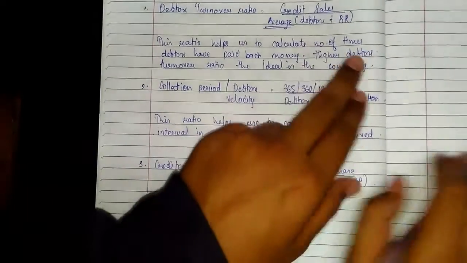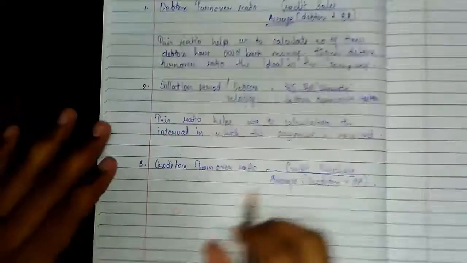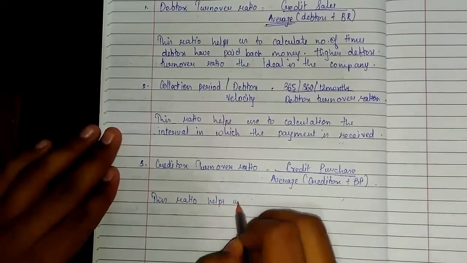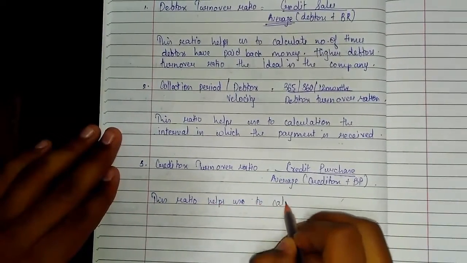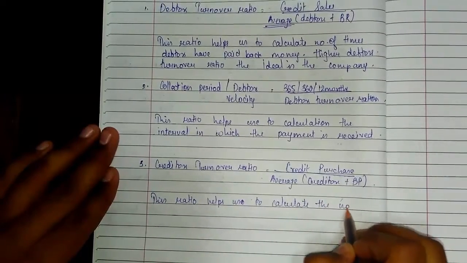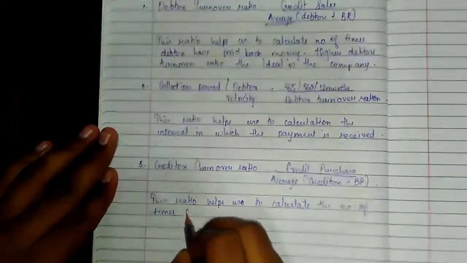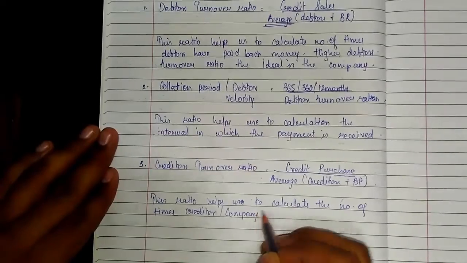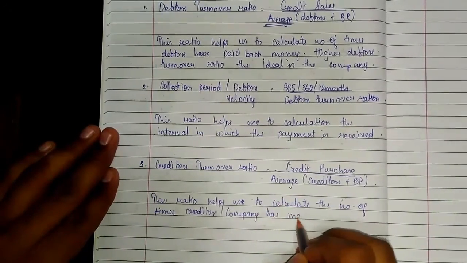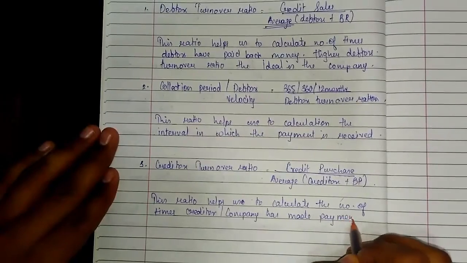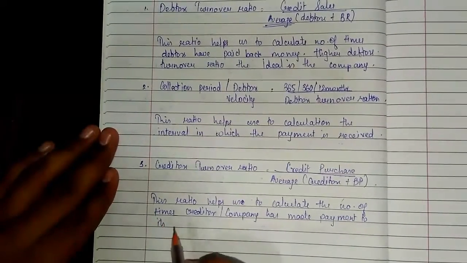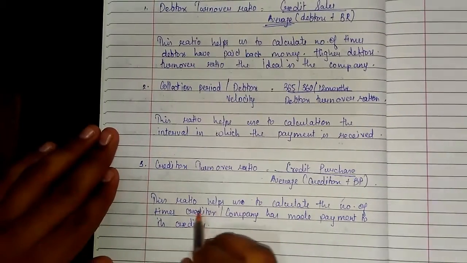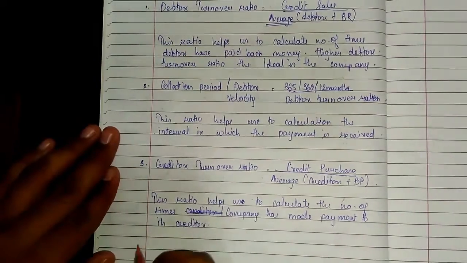This ratio helps us to calculate the number of times the company has made payment to its creditors.